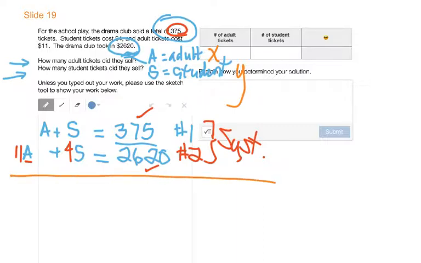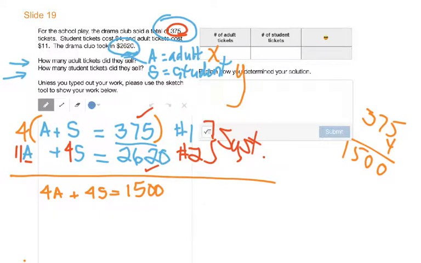I'm simply going to use elimination. I'm going to eliminate one of the variables by multiplying the top equation by 4. So when I do that, I get 4a plus 4s is equal to... Now I'm going to multiply 375 times 4.